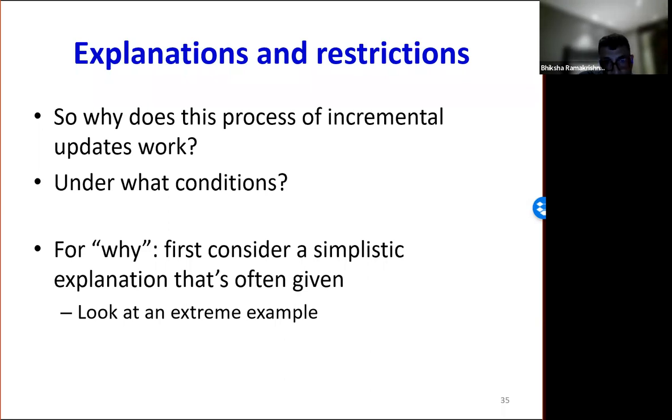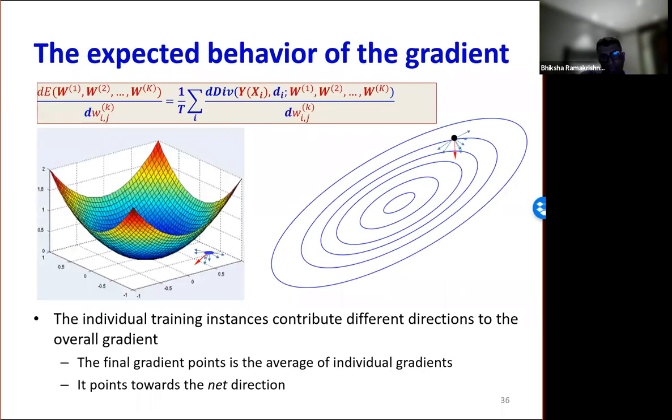So for the why, I'm first going to start with a very simplistic explanation, which is often given. I'm going to look at an extreme example. Typically when you are making an update, you are computing the average derivative.